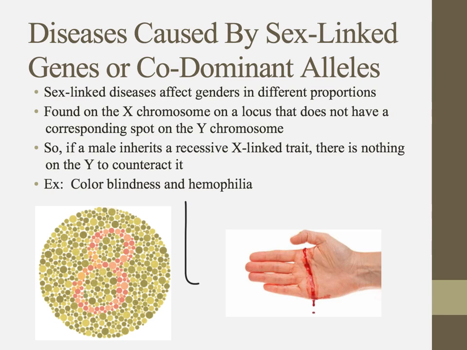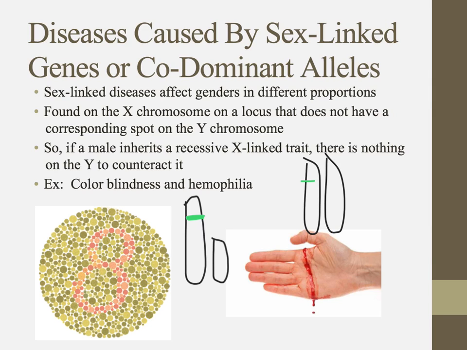The X is a lot bigger than the Y. If the gene for color vision is up here and there's no corresponding gene on the Y chromosome, that means if you're a male, you're only inheriting one copy of that gene. Whereas if you're a female and you get two X's, you inherit two copies of that gene.